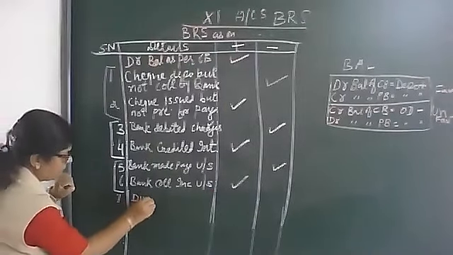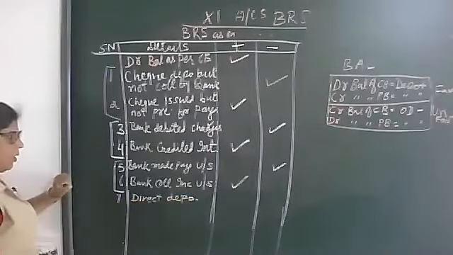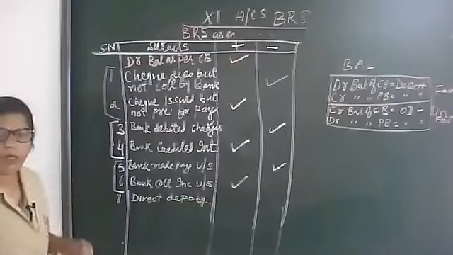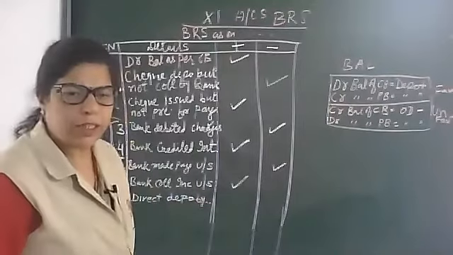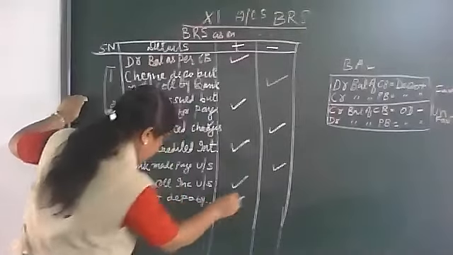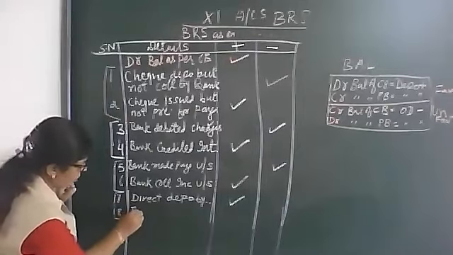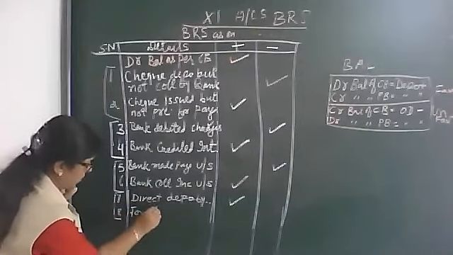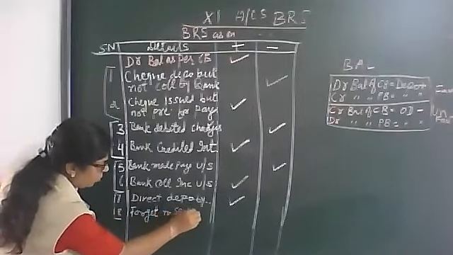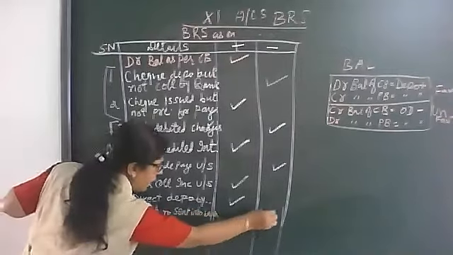Then the last ones. Direct deposit by anyone. Anyone can deposit in your account, then it will be plus. Forget to send into bank, that is minus.